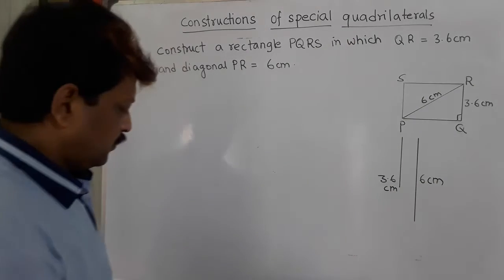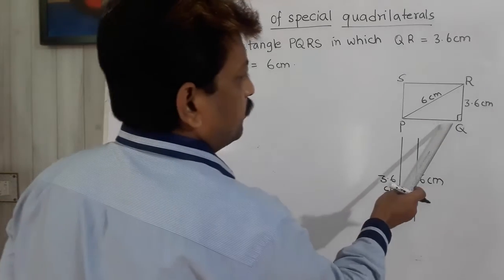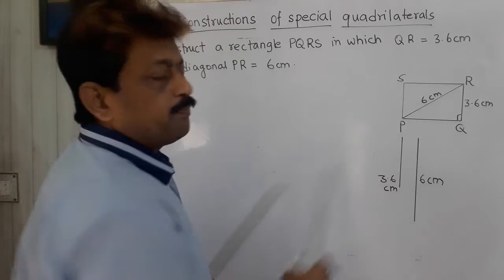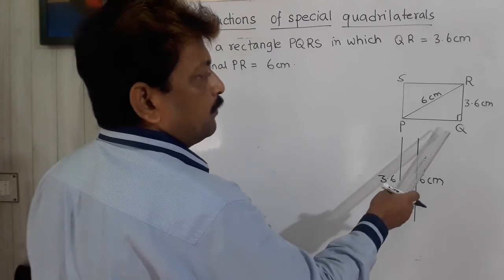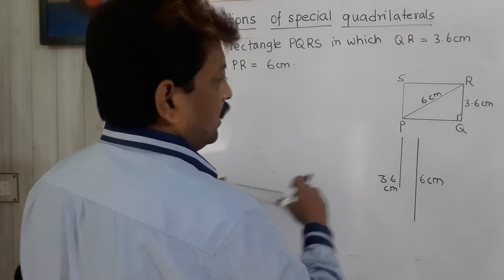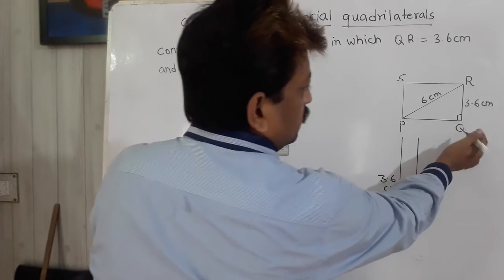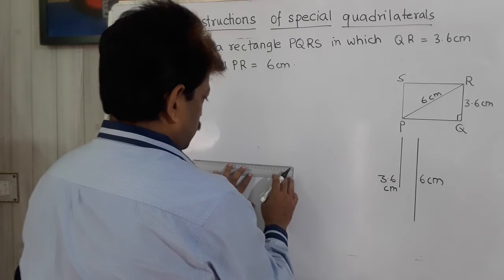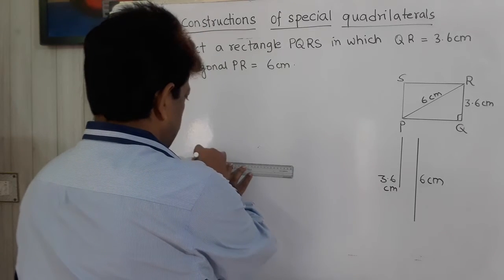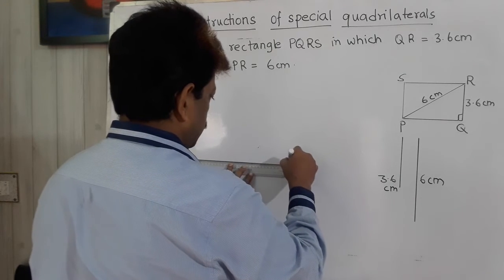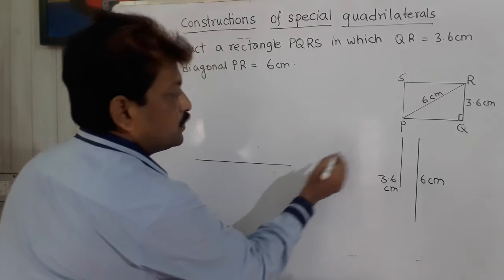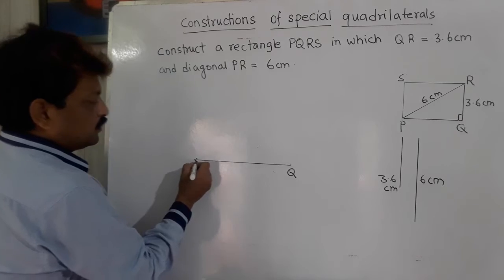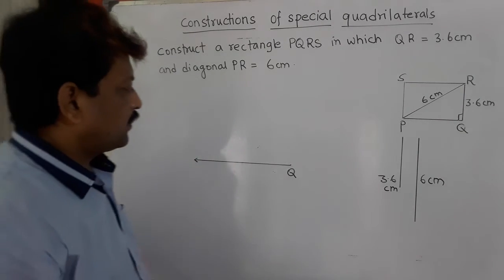First let me draw a line. Since the length of PQ is not known, I am drawing just a straight line where I know Q but I don't know P. This is Q, and P is not known, so keep it like this.